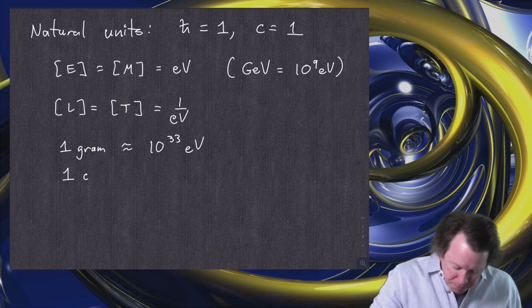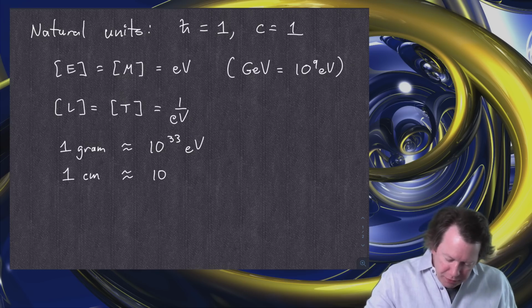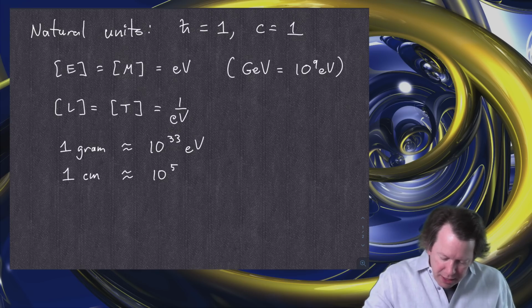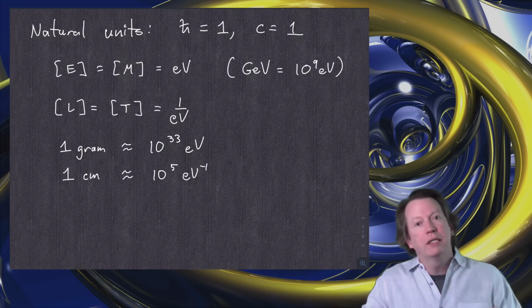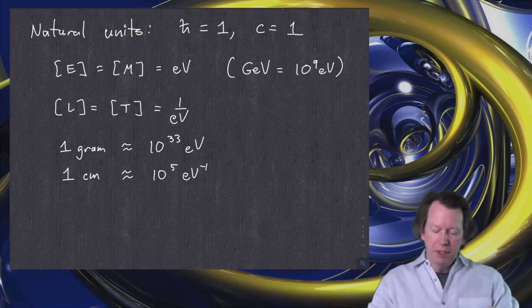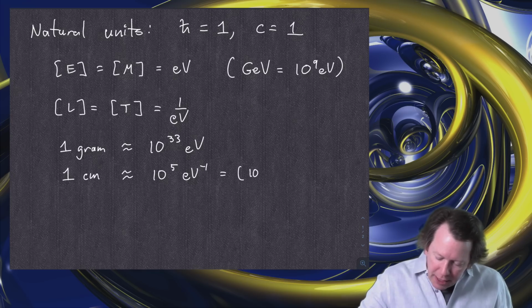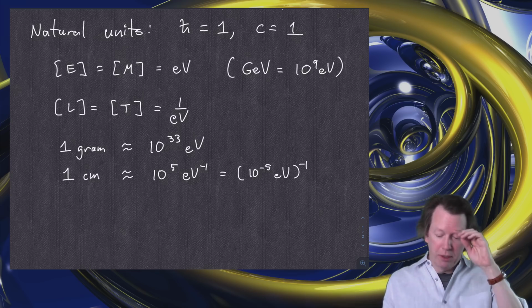1 centimeter is approximately, what do I have here? You can write it 2 different ways. 10 to the 5 inverse electron volts, right? Because I said that the units of length in natural units are inverse electron volts. But sometimes it's more convenient to write this as the quantity 10 to the minus 5 electron volts to the minus 1 power, okay?